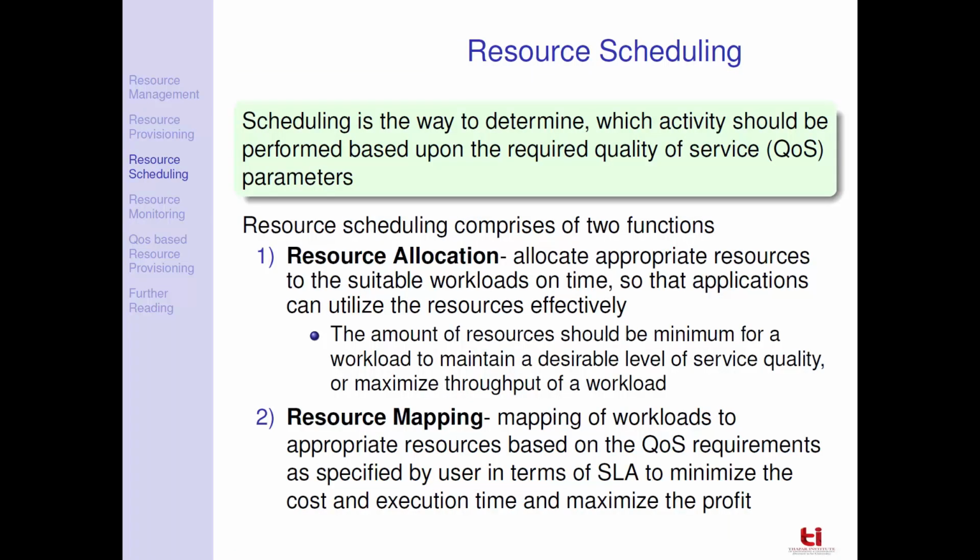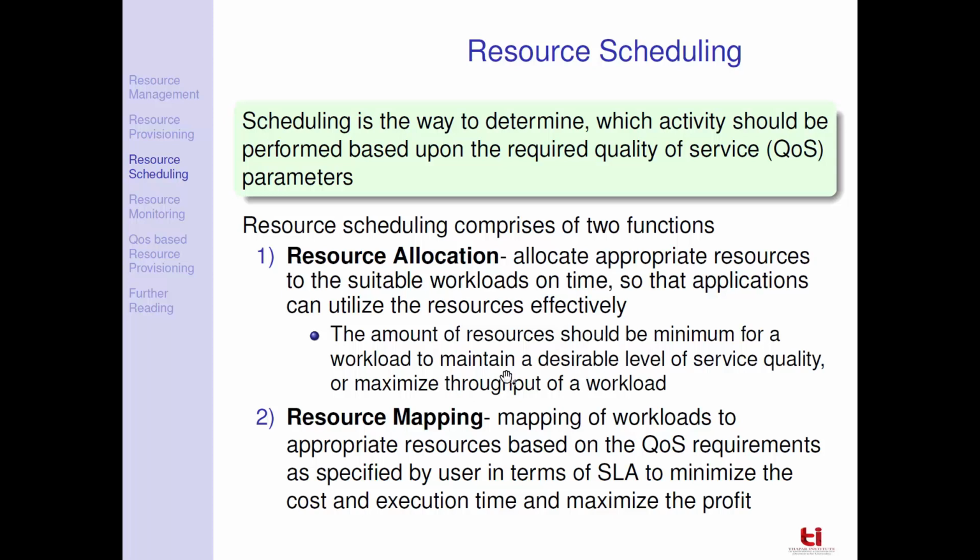Next, let us look at resource scheduling. Scheduling is a way to determine which activity should be performed based upon the required QoS. So it comprises two functions. One is resource allocation, that is, an appropriate amount of resources has to be allocated to a workload so that it can be executed effectively. The amount of resources should be minimum for a given workload.